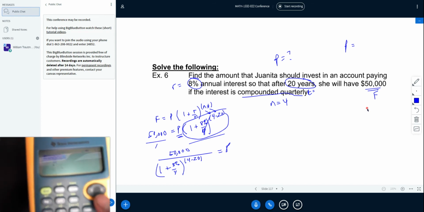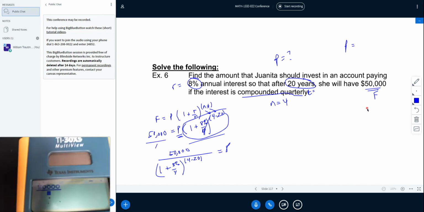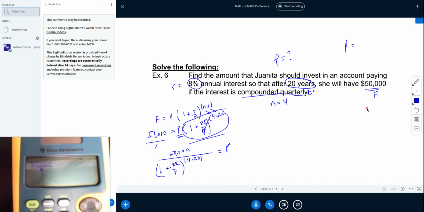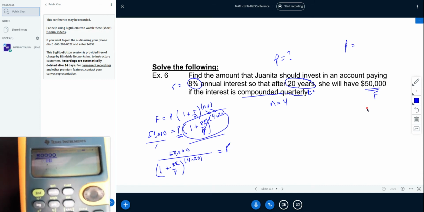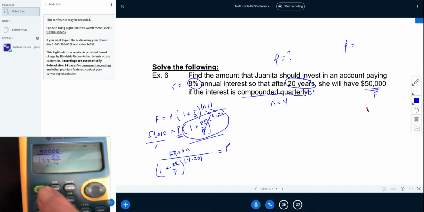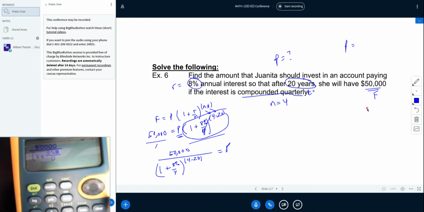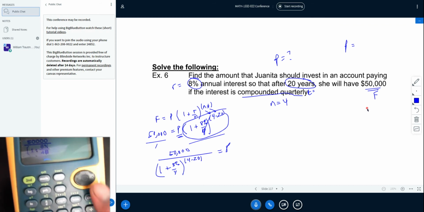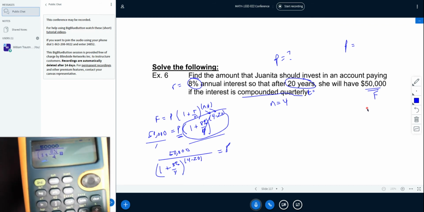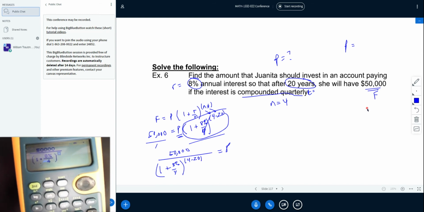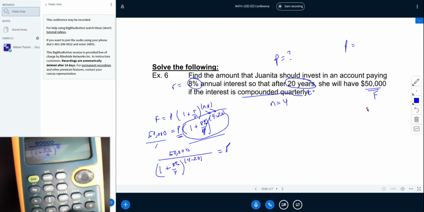On the bottom, I have parentheses 1 plus another parentheses 8% over 4. I arrow over, hit parentheses, raise it to a power of 4 times 20.